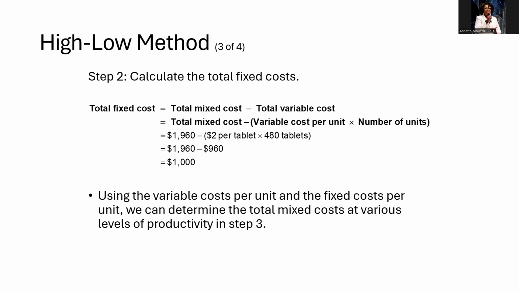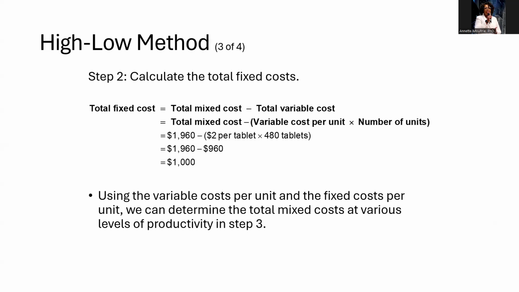So using the variable cost per unit and the fixed cost per unit, we can determine the total mixed cost at various levels of productivity. So you have total fixed cost equals total mixed cost minus total variable cost, which equals total mixed cost minus variable cost per unit times the number of units.